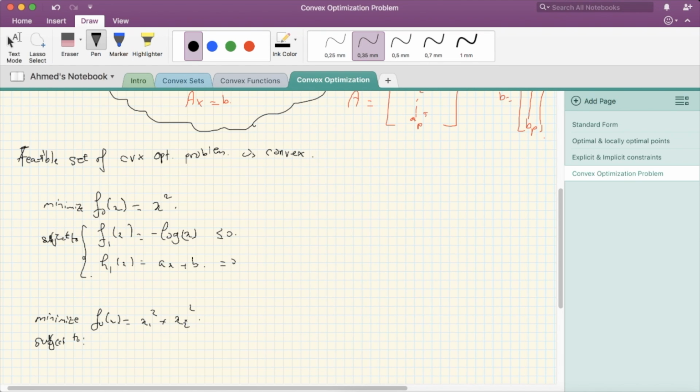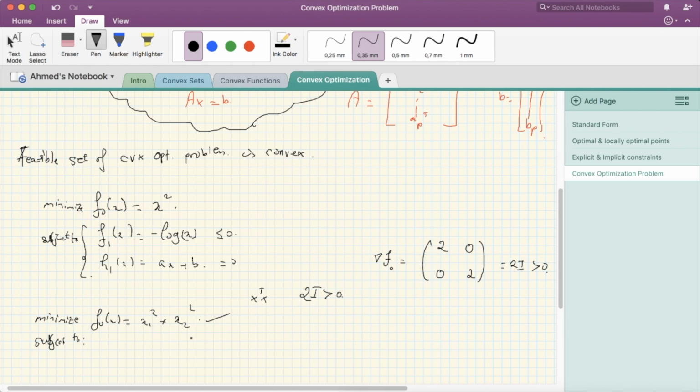So x1 square plus x2 square is nothing other than x transpose x. The Hessian is the identity. Do the derivative of this guy twice with respect to x1, you will get 2. Do it with respect to x1, then with respect to x2, you will get 0. Likewise here, and with respect to x2, you'll get 2. So it's 2I indeed. So this is the Hessian of f0, which is always positive definite.